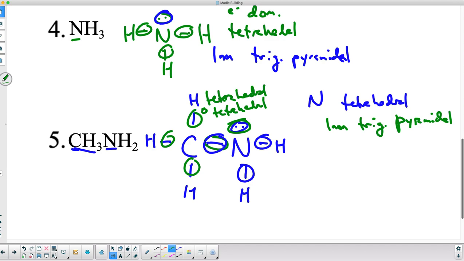Okay, so I have more than one central atom for number 5.